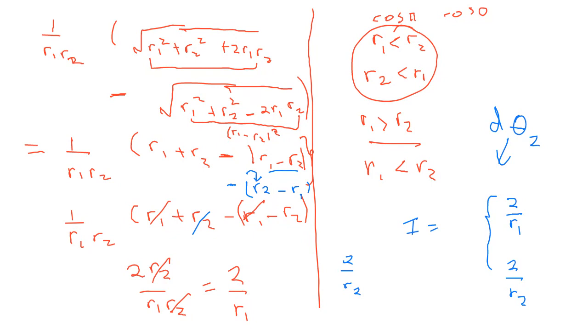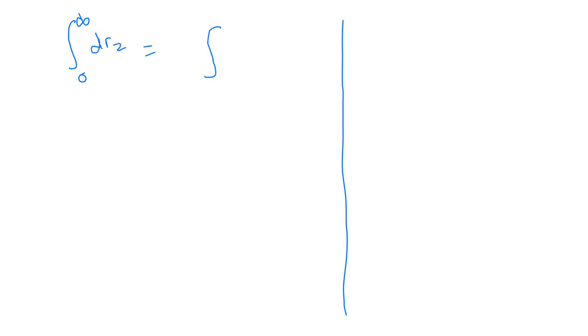So then we are left with an integral over r1, not an integral over r2. So what then we do, we split our integral so that we have, remember that we'll have integral 0 to infinity of dr2. We take this to be 0 to r1 plus r1 to infinity, right?